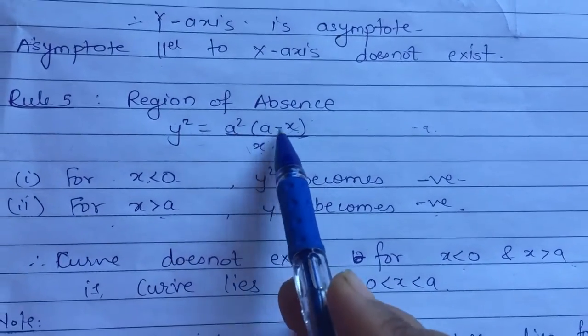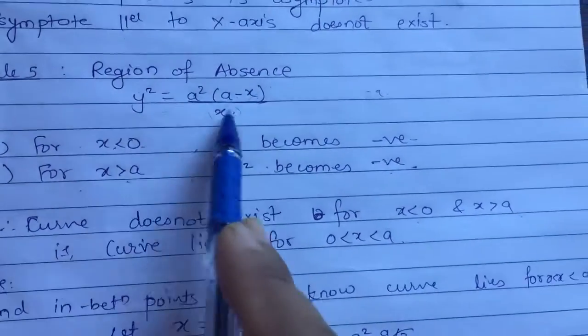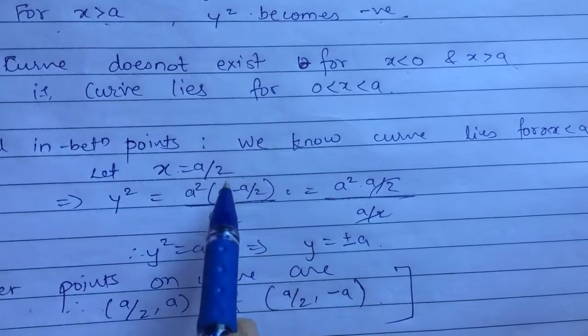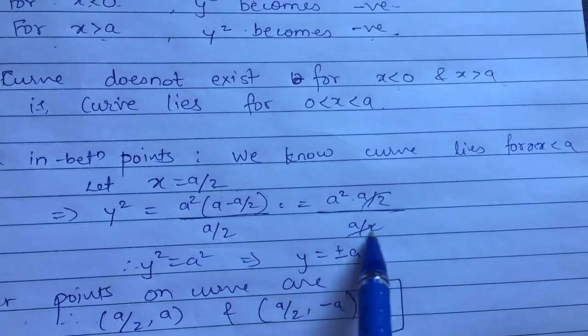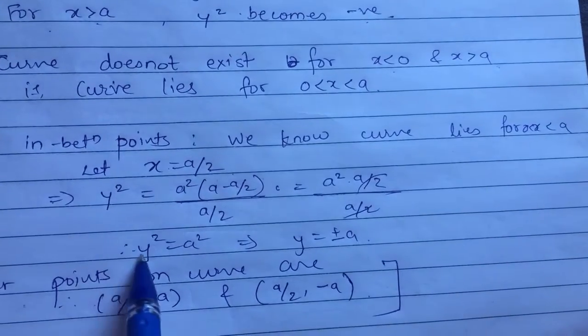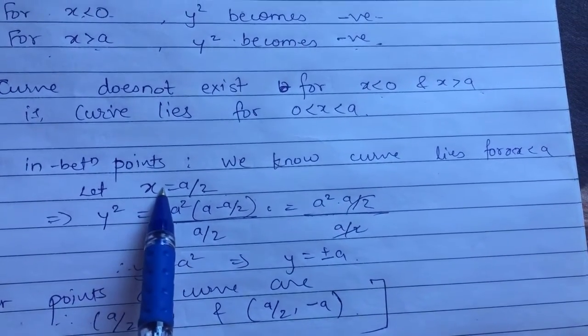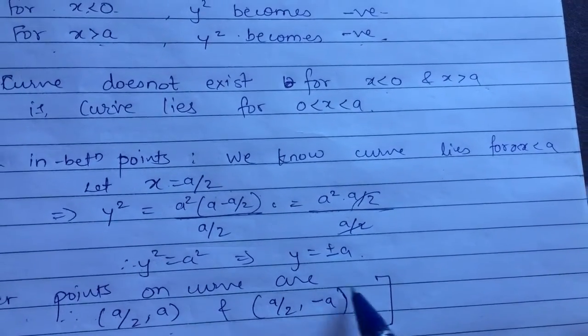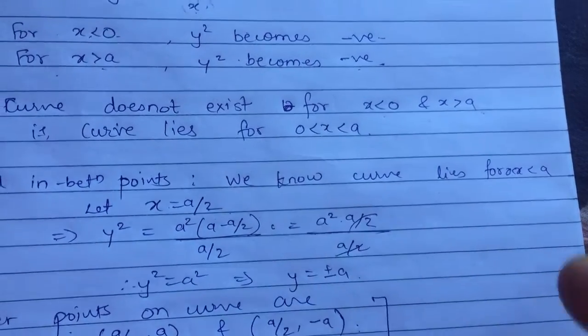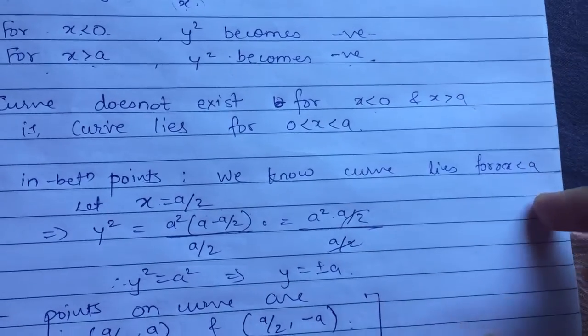So it is a square into (a minus a by 2) upon a by 2. Okay, so a minus a by 2 is a by 2, a by 2, a by 2 cancel, a square, y square is a square, so y is equal to plus minus a. Means if x is a by 2, y is plus a and minus a.